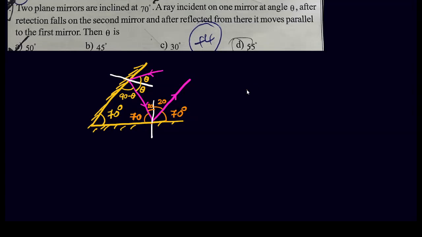Now we can say the total angle is 90 minus theta plus 70 plus 70. This is the sum of angles in a triangle, which is 180.